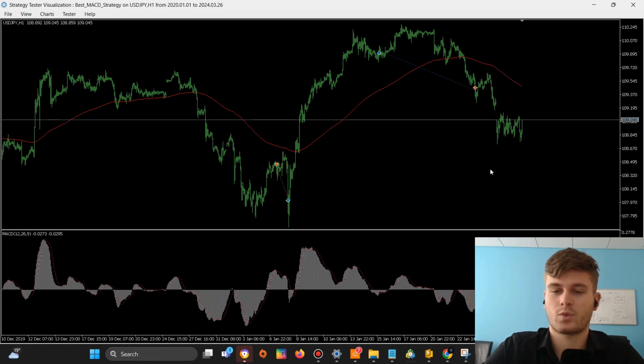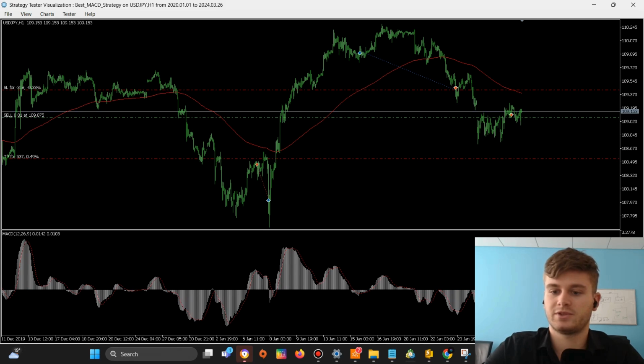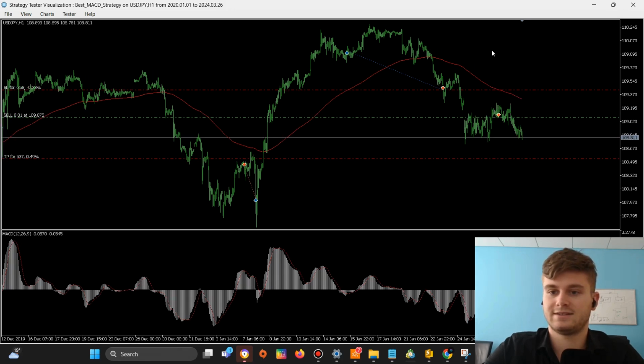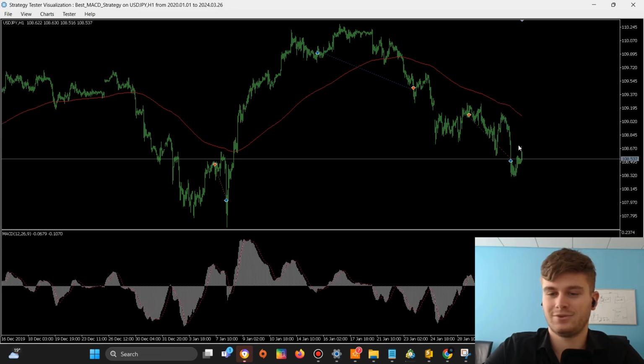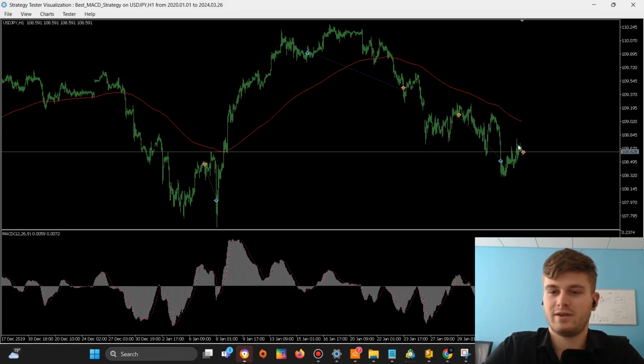So let's wait for one more signal just to confirm. So once again, there's this crossover right here, stop loss at the moving average, take profit 1.5 of the distance, and this looks nice. Okay, so based on this, it doesn't look that bad.